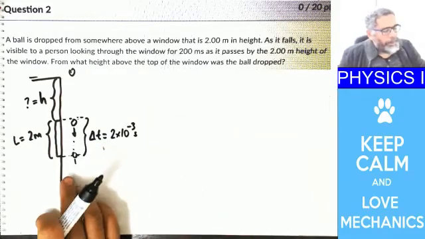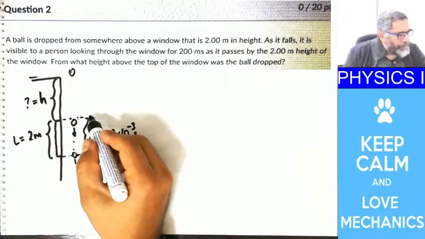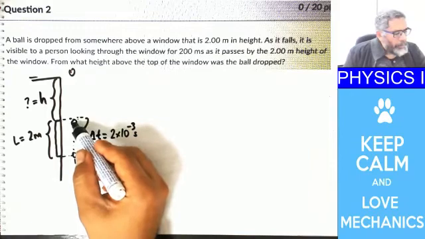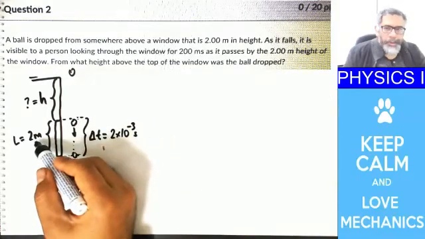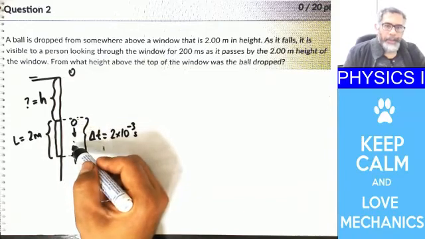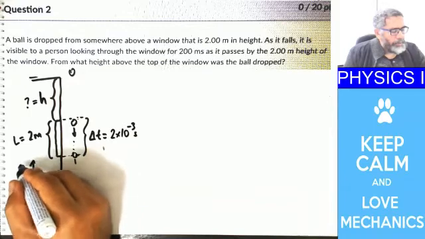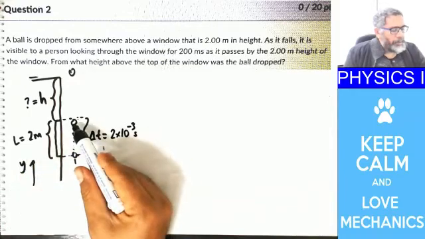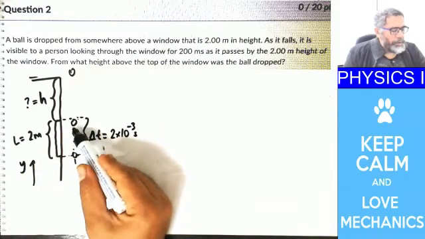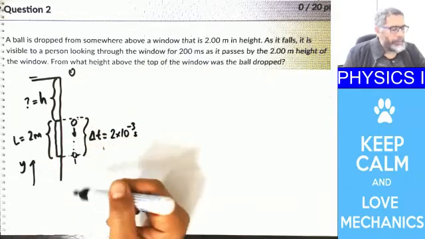So what we know is that the ball takes this distance of 2 meters with an increasing speed. Well, if you take the coordinate system that y is upward, this velocity is decreasing as it is going down, but the speed is increasing because of the magnitude of the velocity.